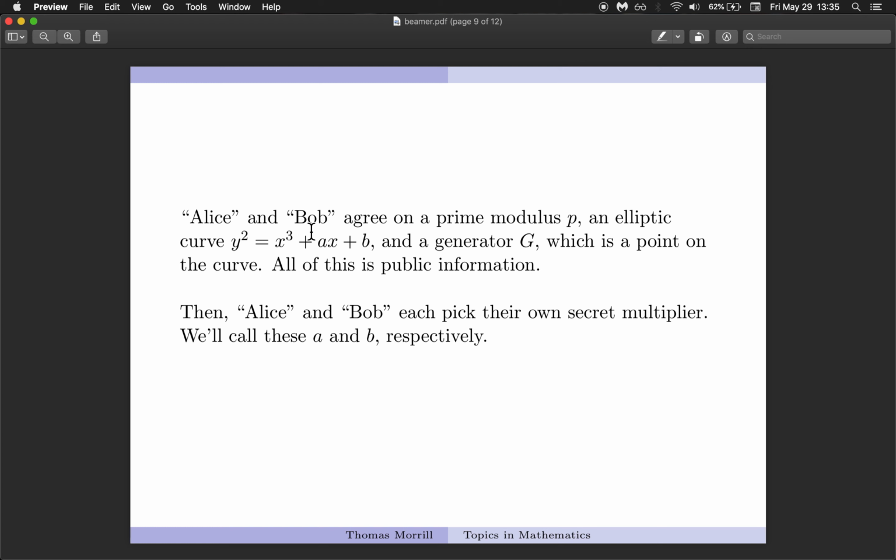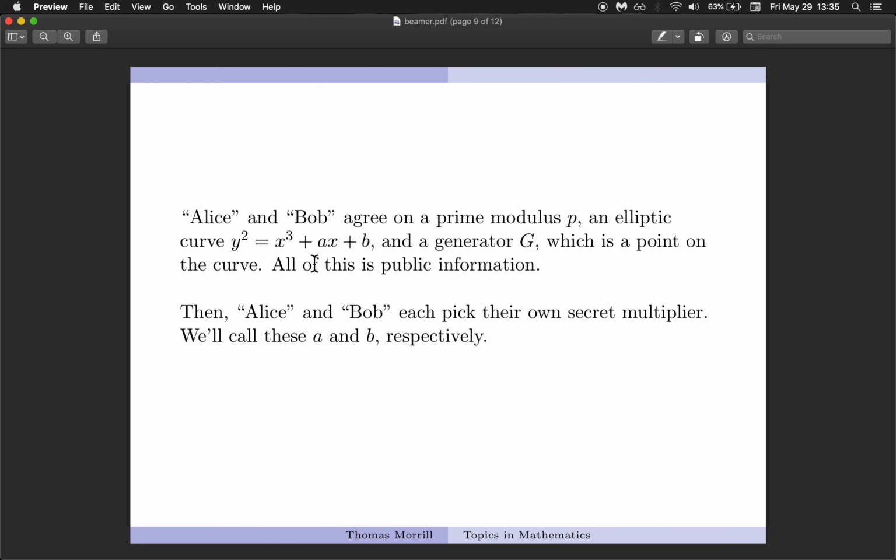In terms of the secrecy, Alice and Bob both need to pick their own secret multiplier. And I see a little bit of a collision in notation. Alice and Bob are going to have their own integers, A for Alice, B for Bob. And as I am reading this out loud, I want to make clear that these are different from the A and the B that's in my formula up here.